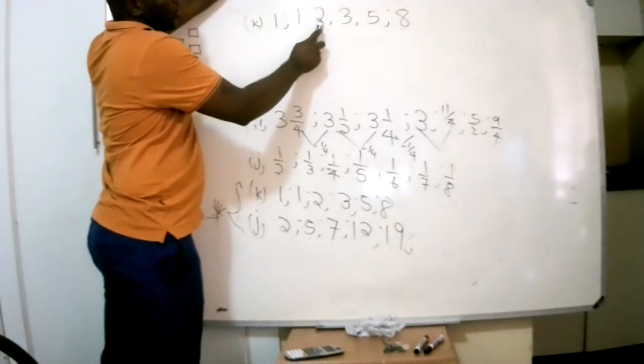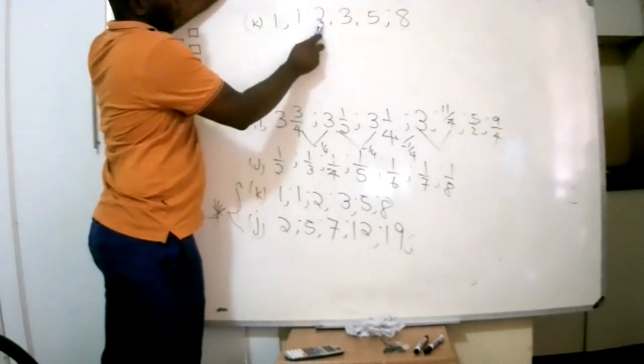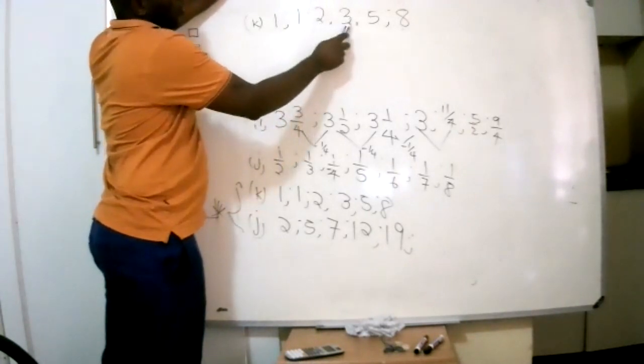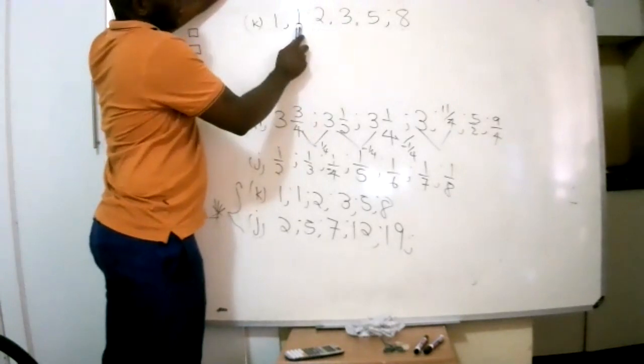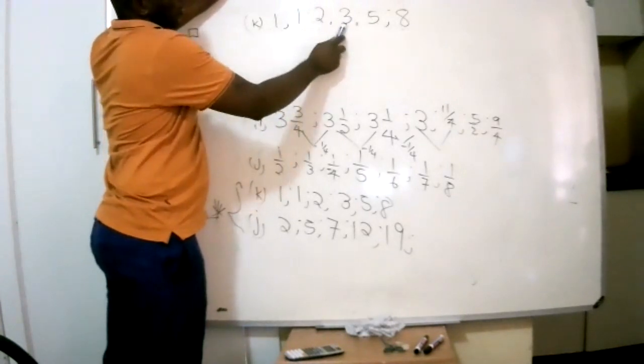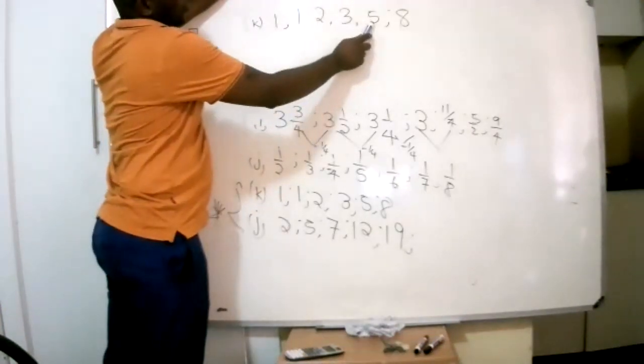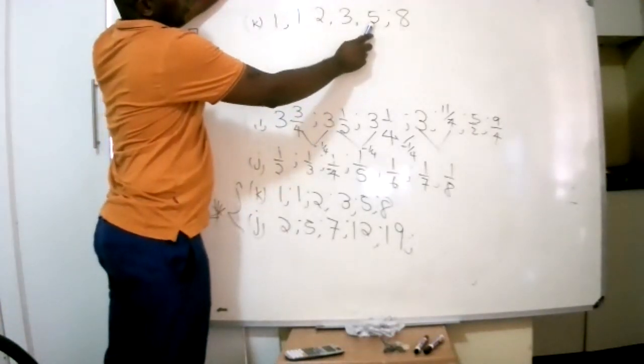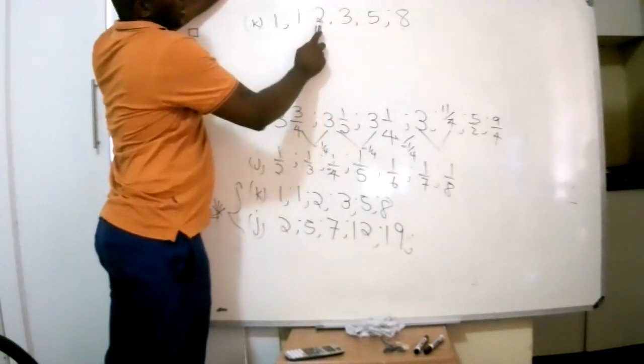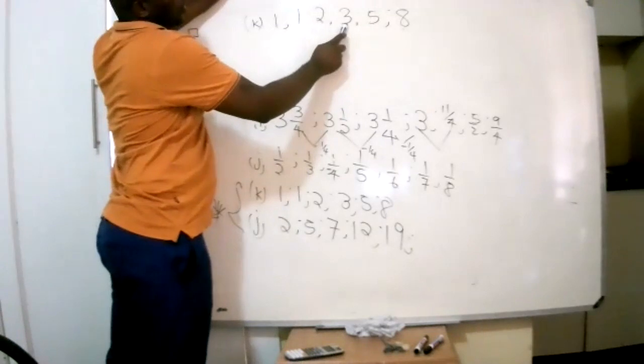So to get the next term, you say 1 plus 1 to give you 2. To get 3, you add 1 and 2. How do you get 5? You add 2 and what?